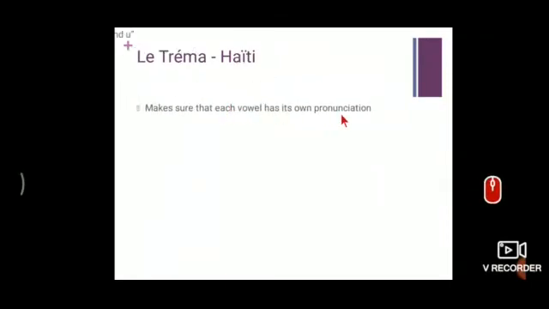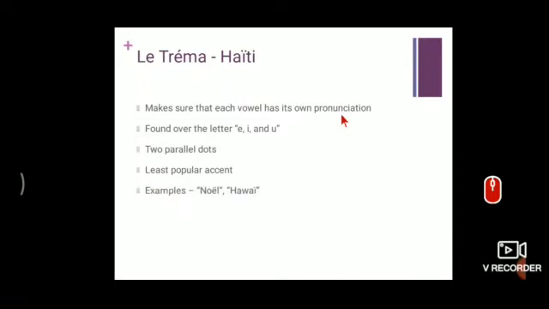So the last one is tréma. Make sure that each vowel has its own pronunciation. It is found over the letters E, I and U. So all these three letters can have this tréma. Two parallel dots should be kept, and it is the least popular accent, only one or two words have this. So this is just like an extended sound, but giving a stress on it.